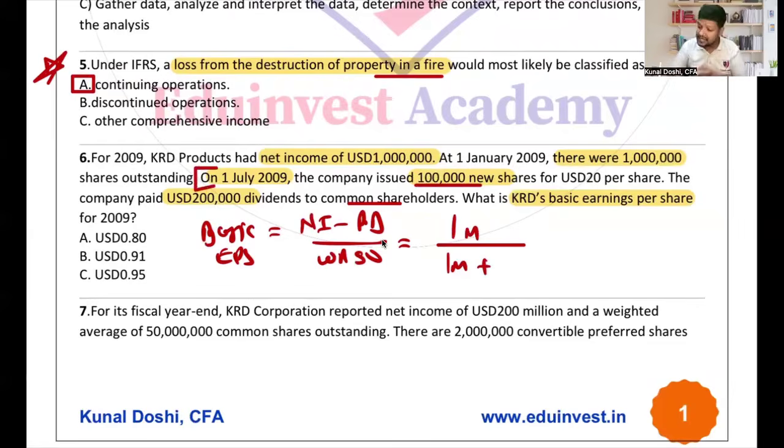So they were available for 6 months. So 100,000 is 0.1 million for 6 months. Understood? That's going to be my basic EPS. So my basic EPS formula is 1 divided by 1.05. You should get the answer.